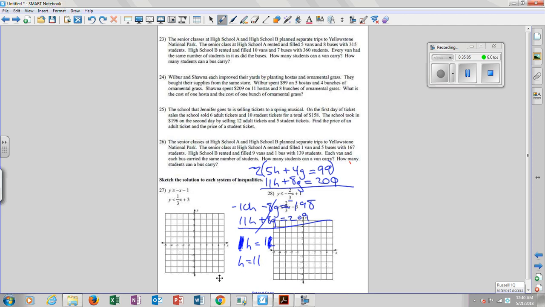Plug that back in. You get 55 plus 8G equals 209.